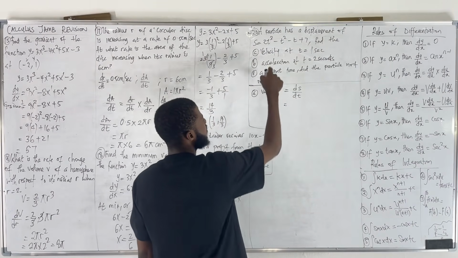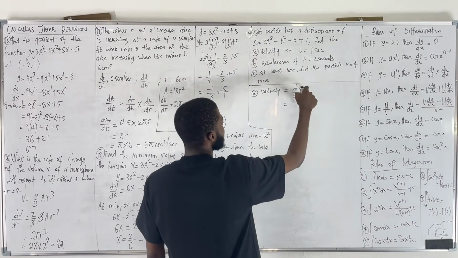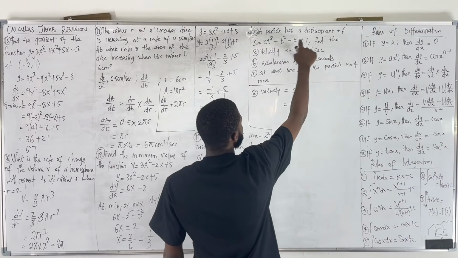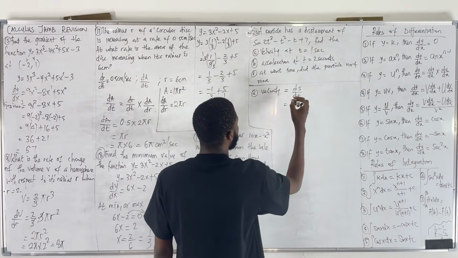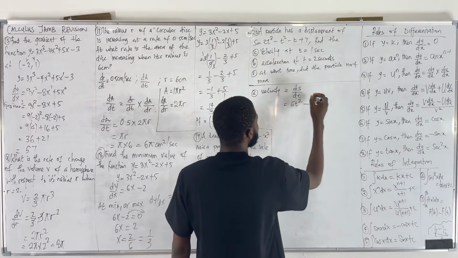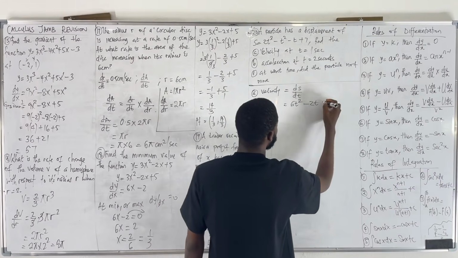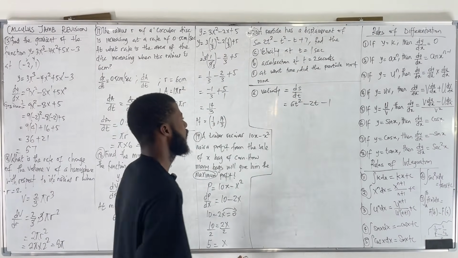So they could either say find the velocity or they could say find the speed. Take note. Now, ds/dt, this is the s equation. So let's differentiate this. What would we get? This will be 6t squared minus, differentiate t squared, you get 2t. Differentiate minus t, you get minus 1. So this is the expression that we have.